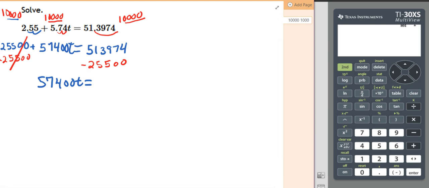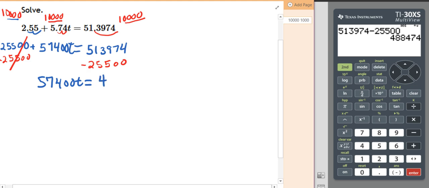And so I have 513974 minus 25500. Enter. 488474.